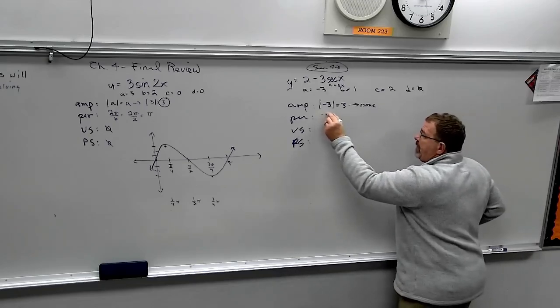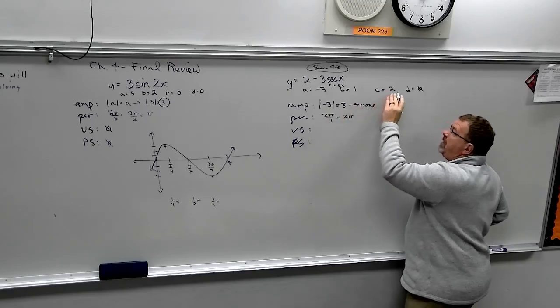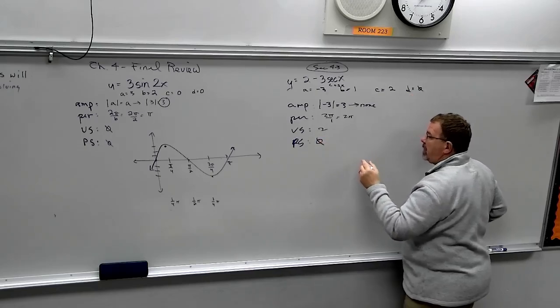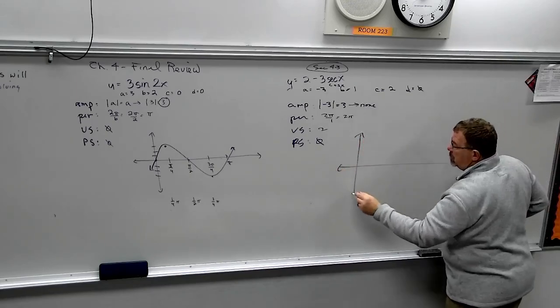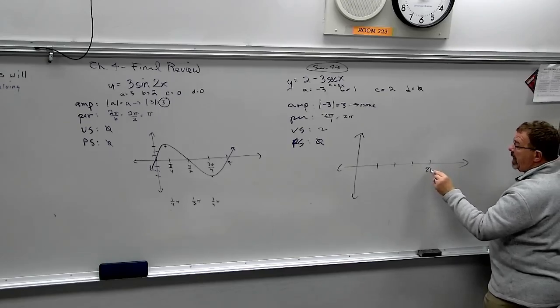Okay, period is found the same, 2 pi divided by 1. Vertical shift is 2, and phase shift, none. Okay, since we don't have a phase shift, here we go. 1, 2, 3, 4. Our period was 2 pi.